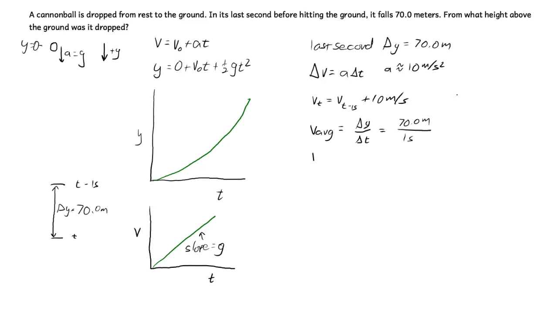That means that the speed at time t is going to be about 75 meters per second. And the velocity at t minus 1 is going to be 65 meters per second. So this tells us v at t, that tells us the velocity when it hits the ground.